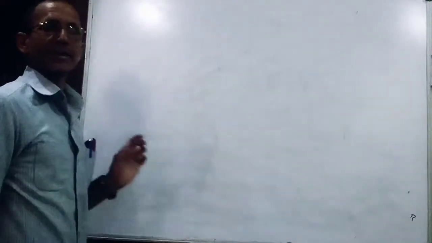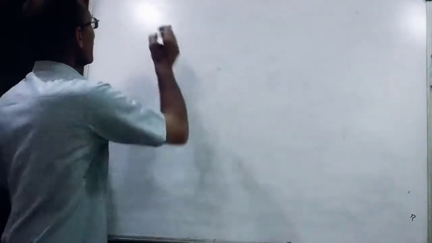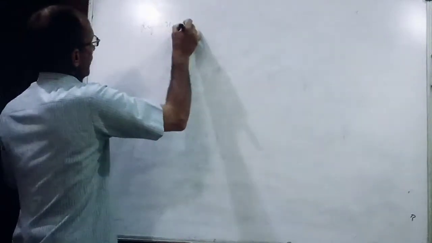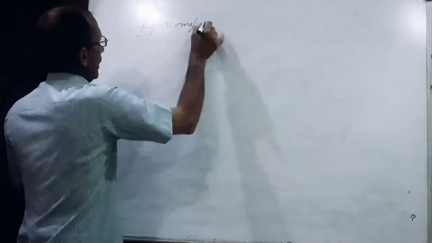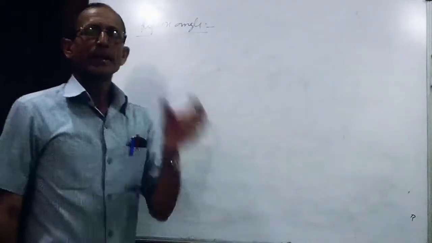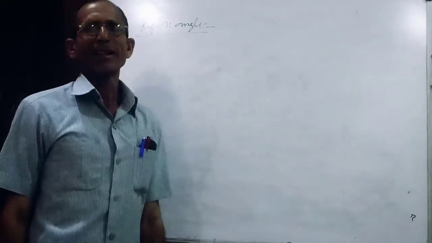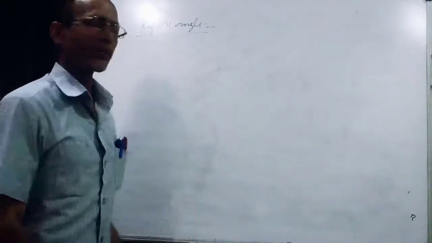Next is the reflex angle. The measure of a reflex angle is more than 180 degrees but less than 360 degrees. This is reflex angle AOB. So this is an example of a reflex angle.